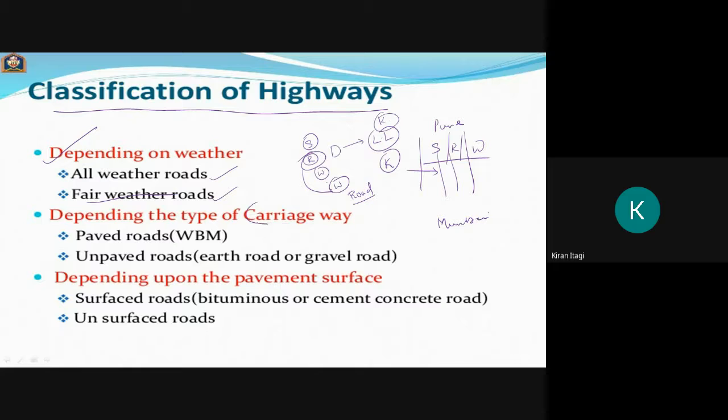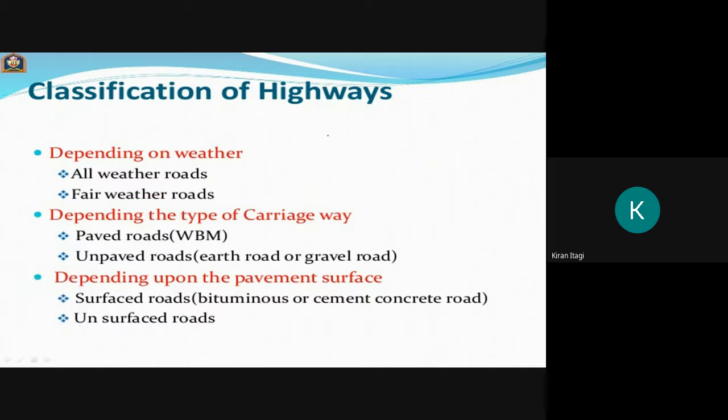And depending upon the carriageway, paved road and unpaved road. What do you mean by paved road? That is flexible pavement, for example tar road, asphalt, or bituminous road, and in CC road, sorry, rigid pavement, that is cement concrete road.